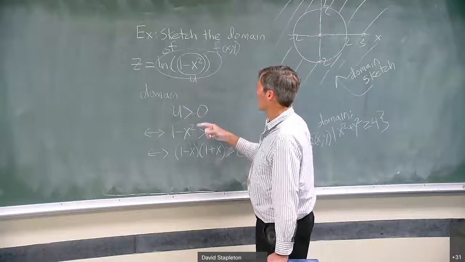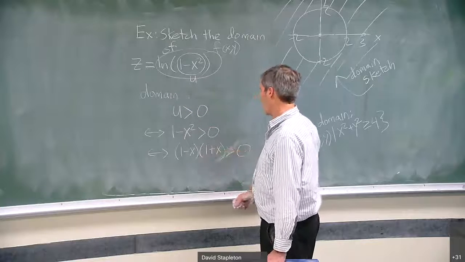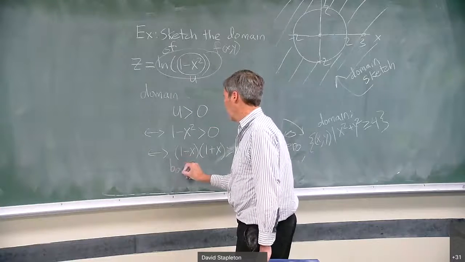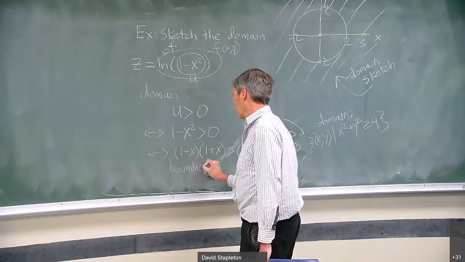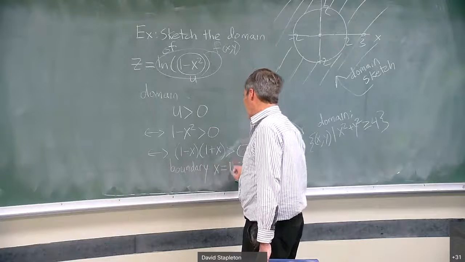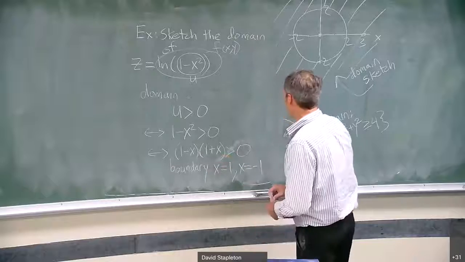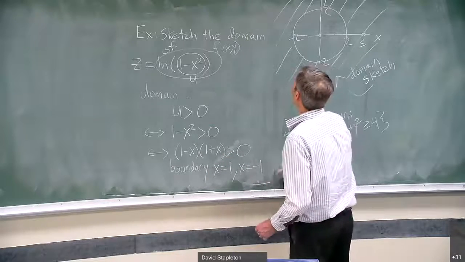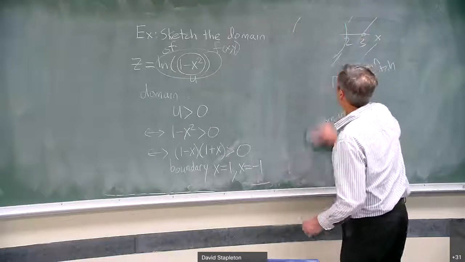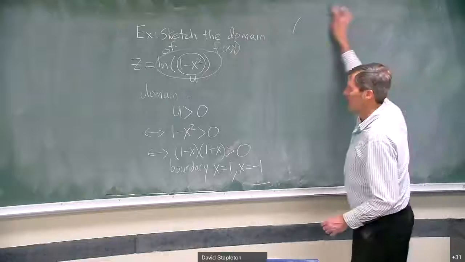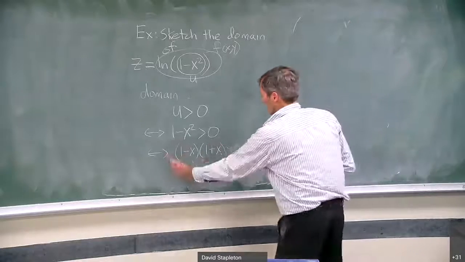The boundary is where this is equal to 0. And so the boundary consists of the 2 lines, x equals 1 and x equals minus 1. That makes this equal 0, right? Now you can check on each side of those lines and see what's in the domain and what's not, since this function here is continuous.